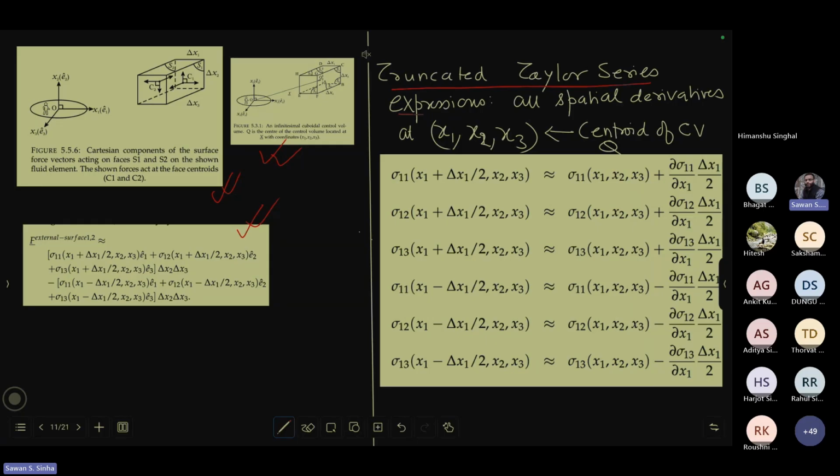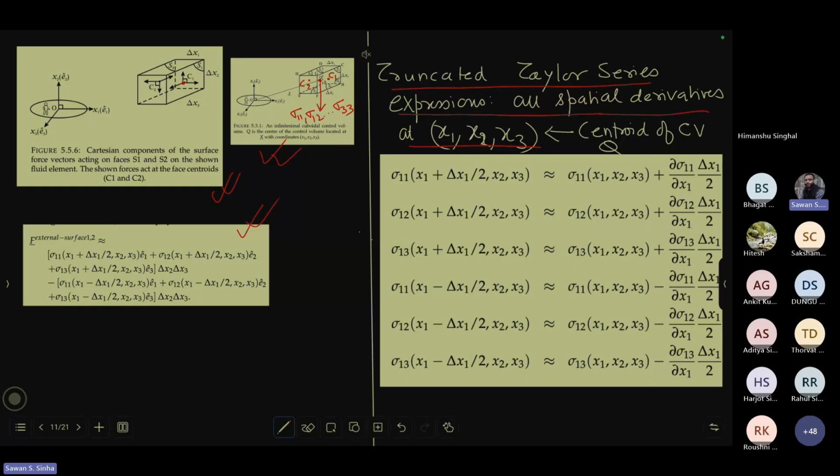Truncated Taylor series expression. All spatial derivatives are at x1, x2, x3, which is the centroid of the control volume. So I know sigma 1,1, 1,2, all the way to sigma 3,3. Suppose I know them. I want to find the value of sigma 1,1 at centroid C1 here and at C2.